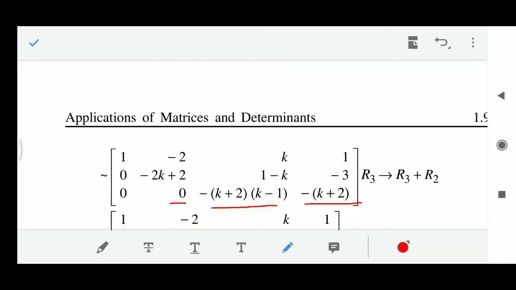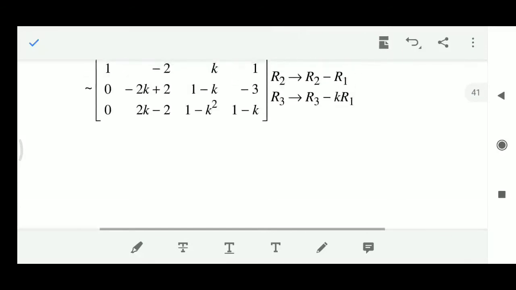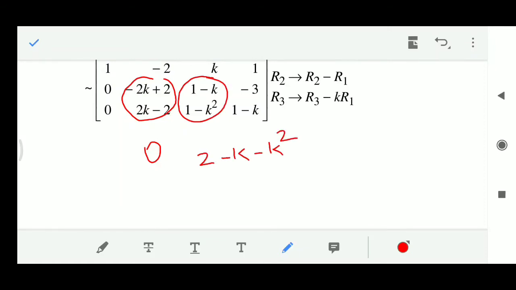If you add those two rows, you will get 0. Then if you add R3 with R2, the third element becomes 1 plus 1, 2 minus k square. So 2 minus k square. Then in the third row, minus 3 plus 1 gives minus 2 minus k.